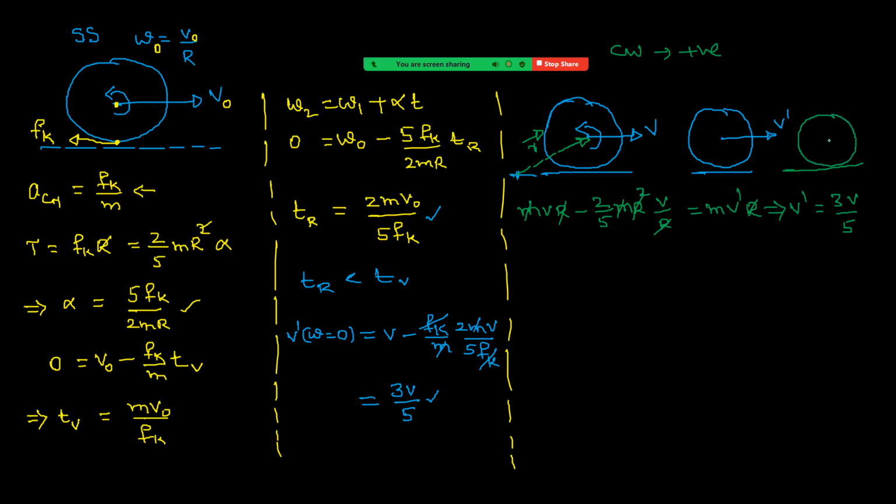Let us take this velocity as v double dash, and rotation will be clockwise because there is no slipping. Then omega will be v double dash by R. I am writing conservation of angular momentum once again for the starting state and the final state. For the starting one, we got m v R minus 2 by 5 m v R, which is now 3 by 5 m v R. In the left part, no change.